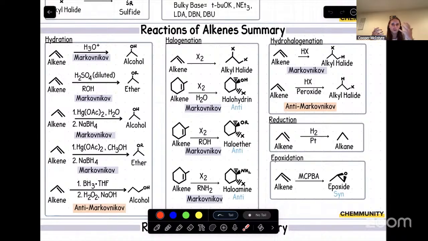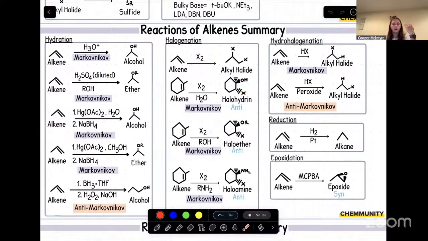Now, in terms of regioselectivity, which we just covered with the Markovnikov and anti-Markovnikov reactions, we can also have stereoselectivity. So we can have what are called anti-additions and syn additions. What that's looking at is the relationship between the new groups that we just added across the alkene. For example, if we're looking at a halohydrin that we just formed, this alcohol is wedged and it's an anti-addition because our halide that we added is dashed.